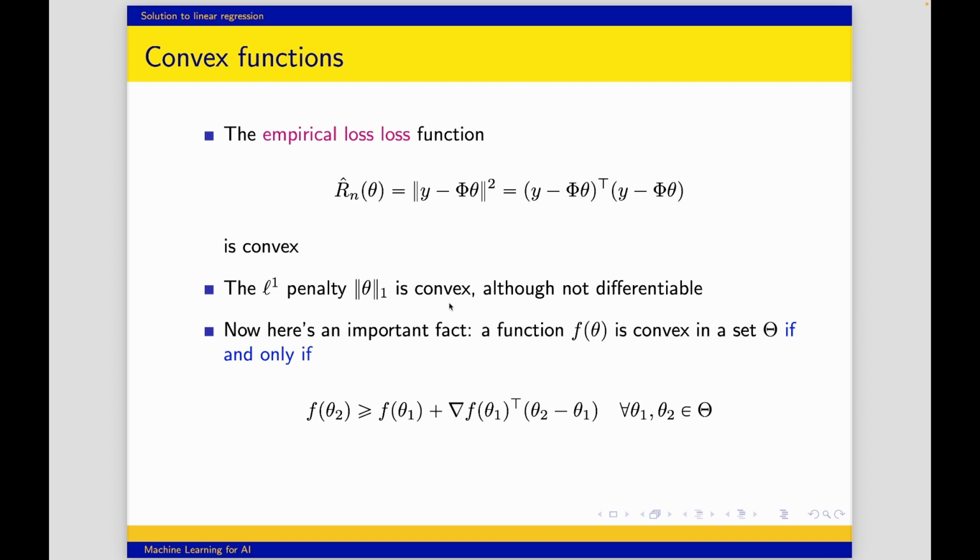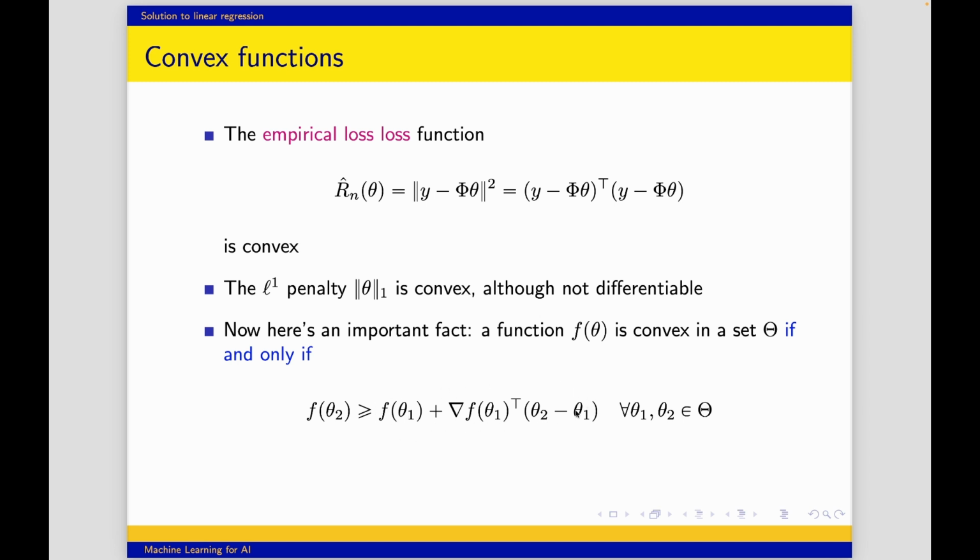Now here is an important fact. I'm just picking out the most important facts that we need in order to develop this proximal map solution. A function f of theta is convex in some set theta if and only if this relationship is true. So at any point theta 1, we can upper bound the function by this quadratic.